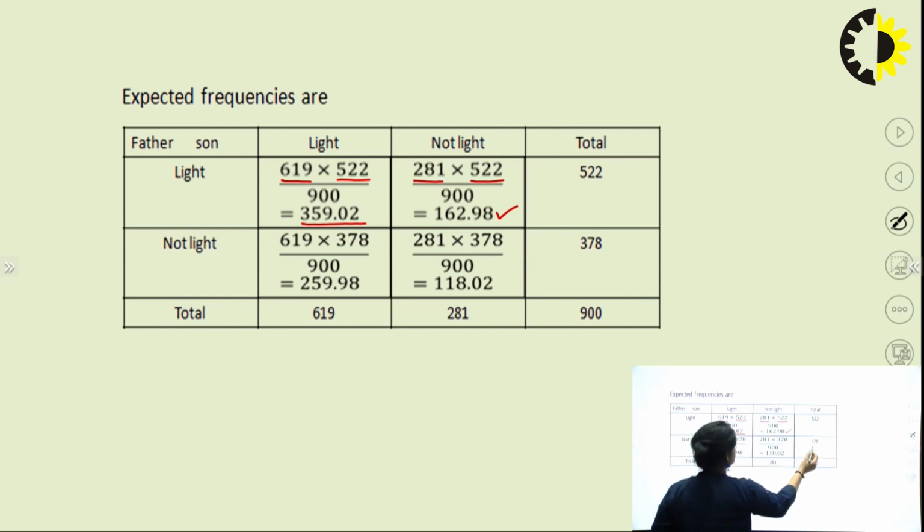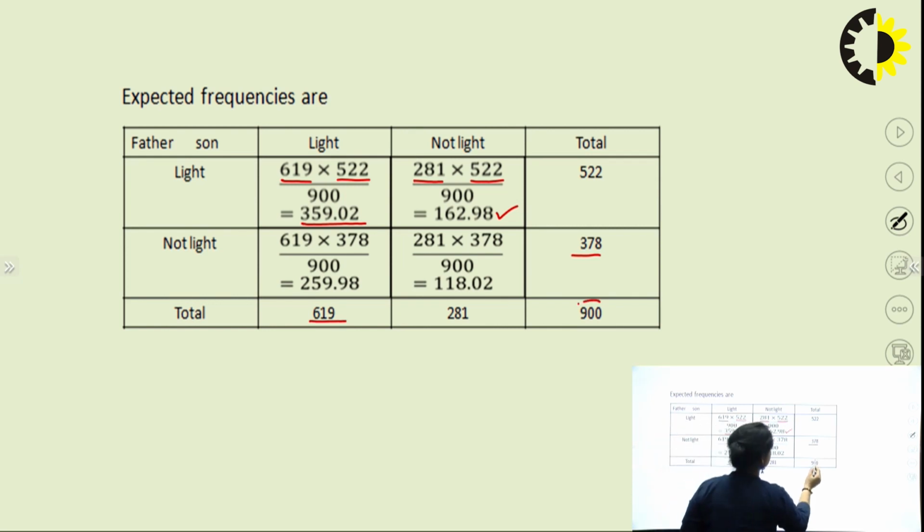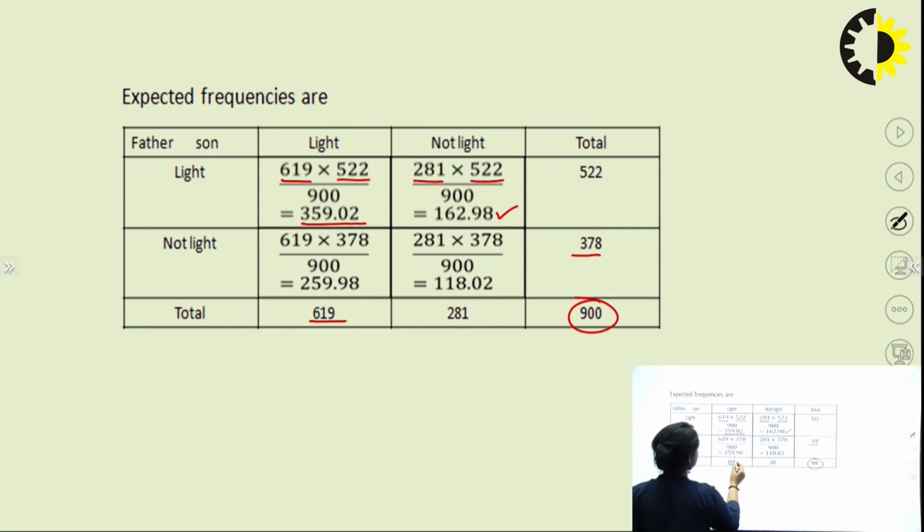Then in the second row and first column, 378 was the total of the row, 619 was the total of the column. Multiply these two, divided by the grand total of 900. So we are having 259.98.